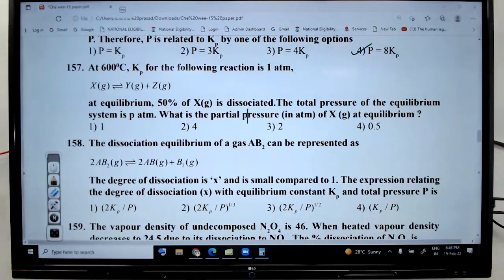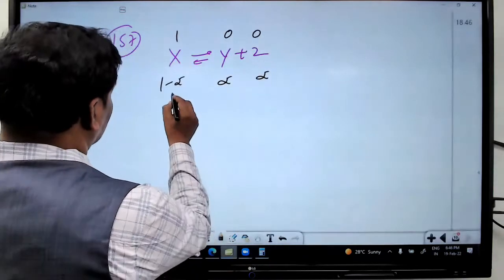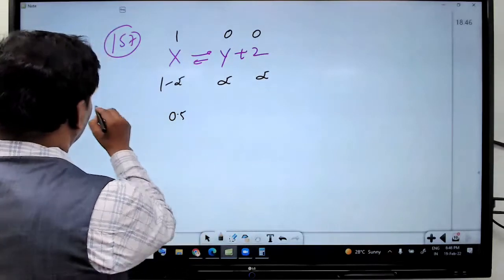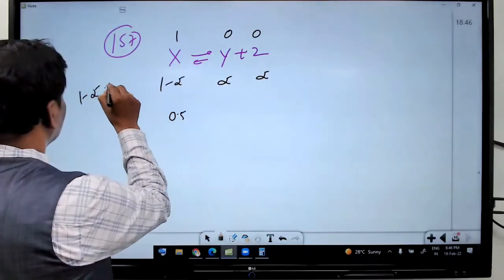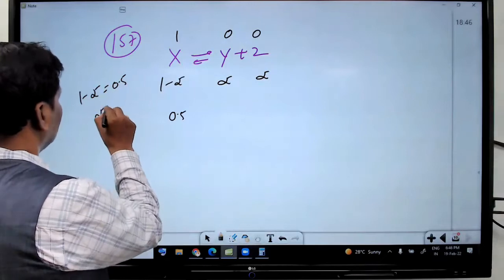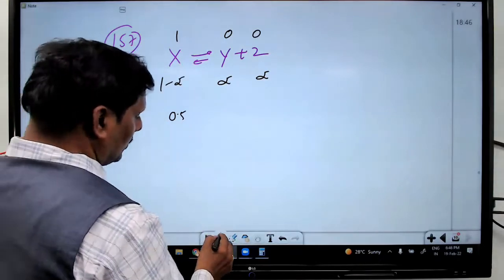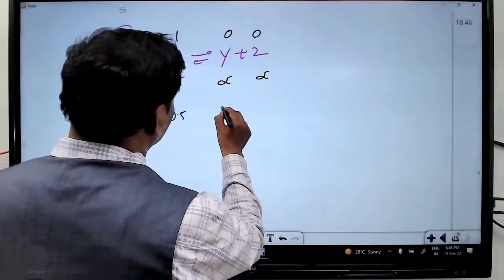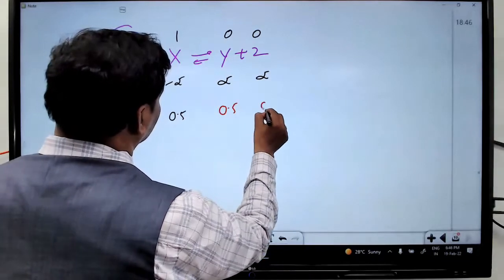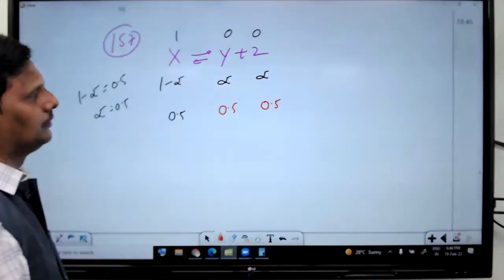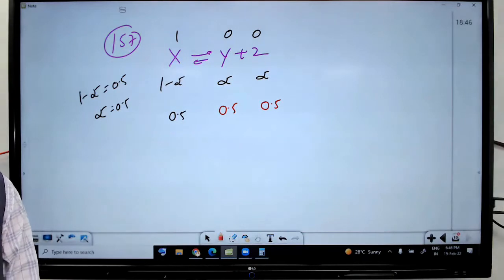How much is left over? 50%, so 0.5. 1 minus alpha is equal to 0.5, so alpha is equal to 0.5. This is also 0.5, and this is also 0.5.